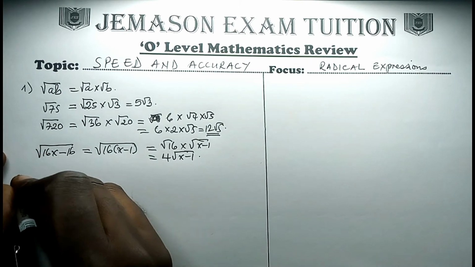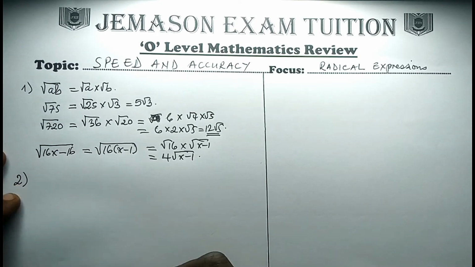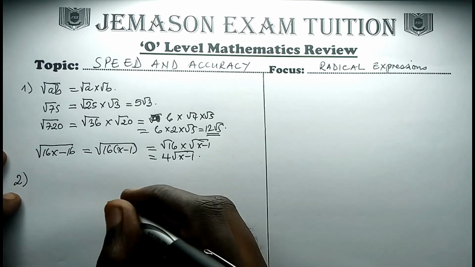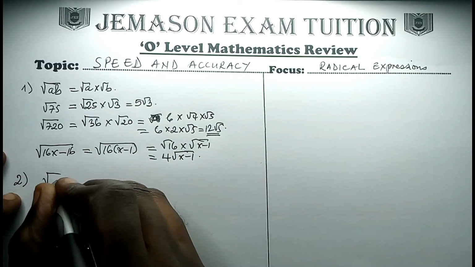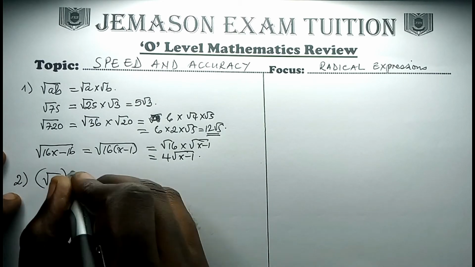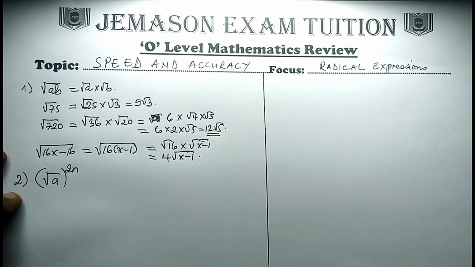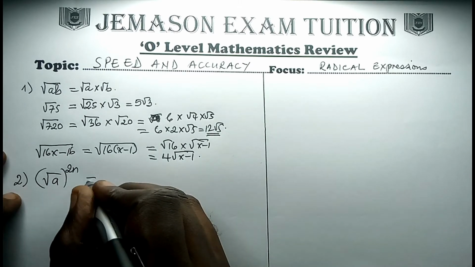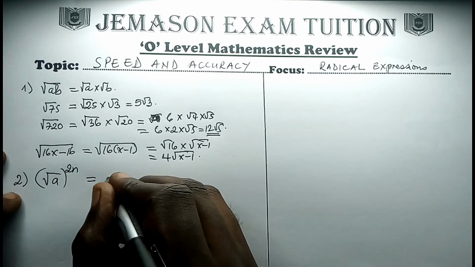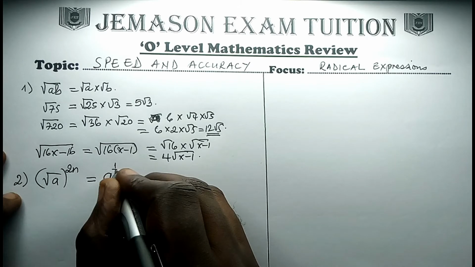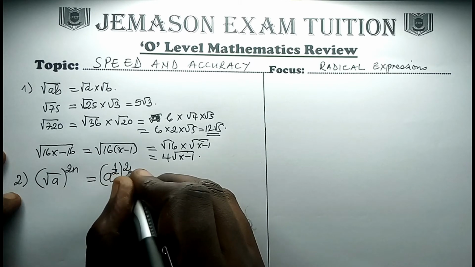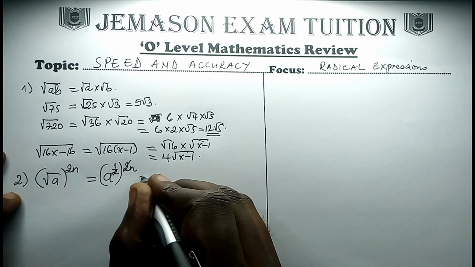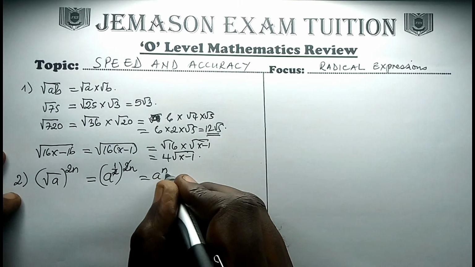In another situation, we have the case where the root of A is raised to an even power. When that happens, it is the same as a to the half raised to that power, and 2 cancels. You are just left with a to the n.